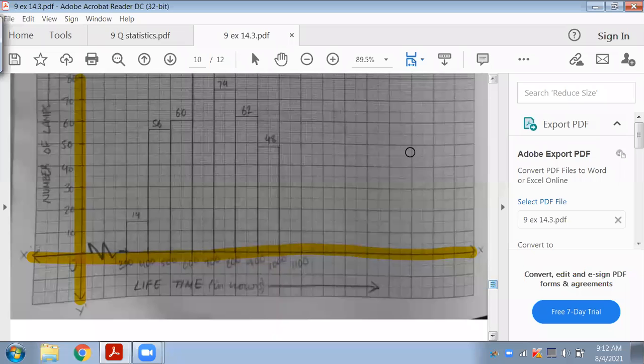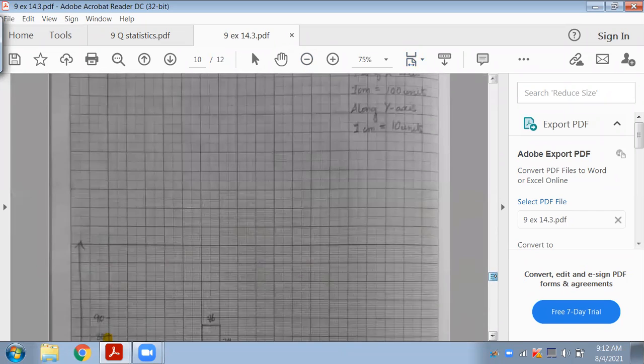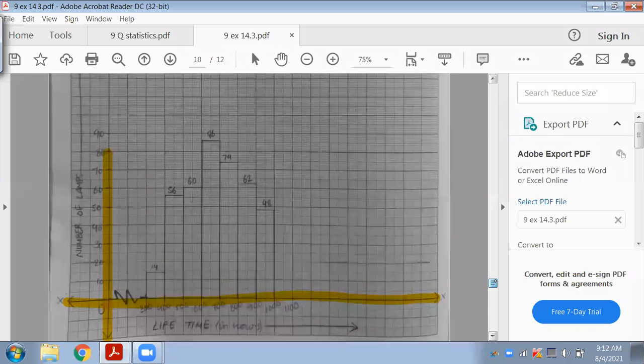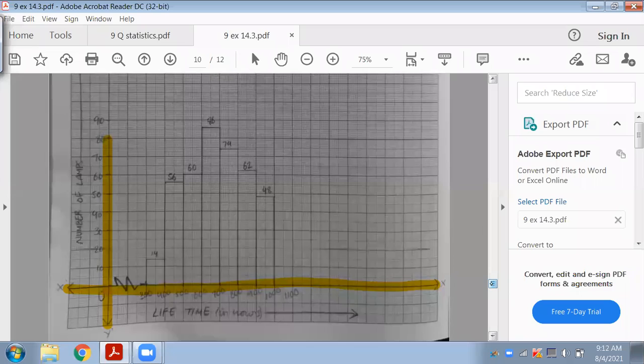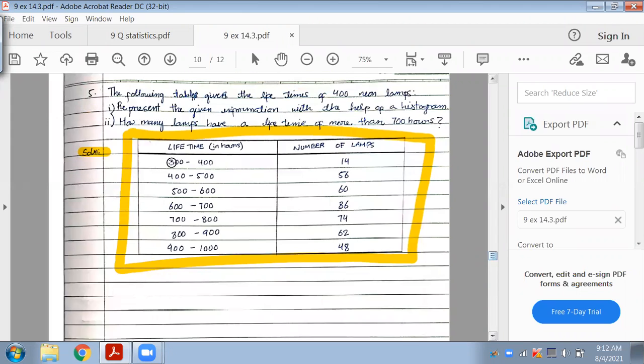On the top it will be y, and at the bottom y dash. Then if you see the class intervals, the first class interval is from 300 to 400. Next is 400 to 500. So on the x-axis you are going to take 300, 400, 500, 600, 700, 800, 900, 1000.